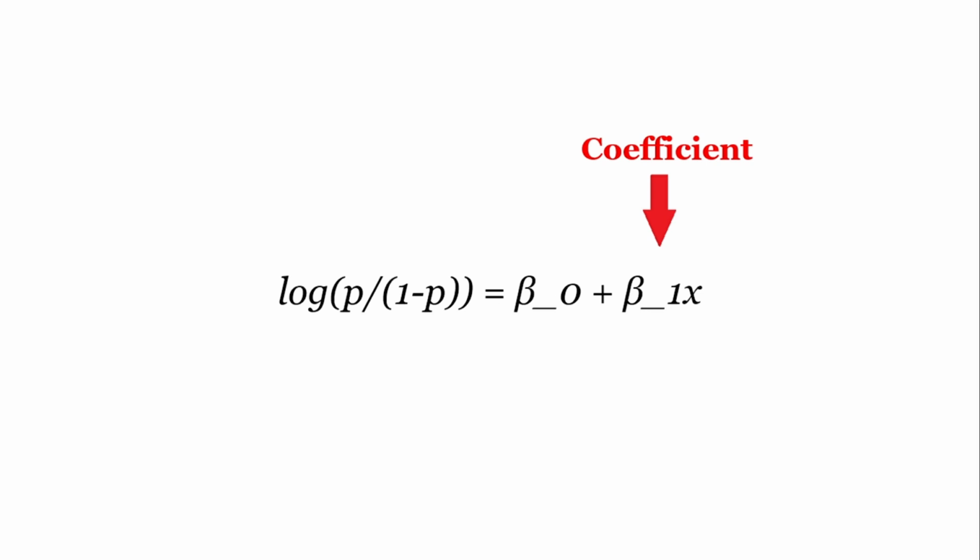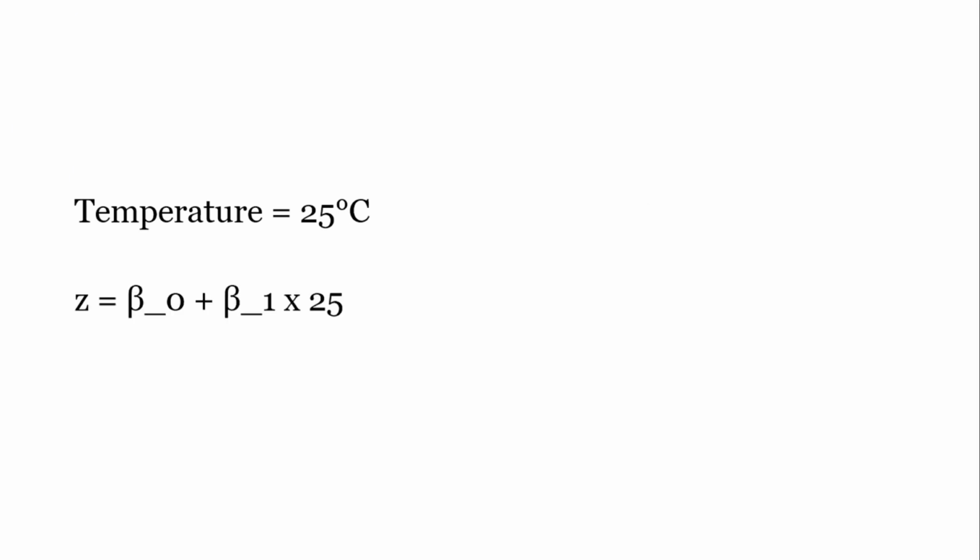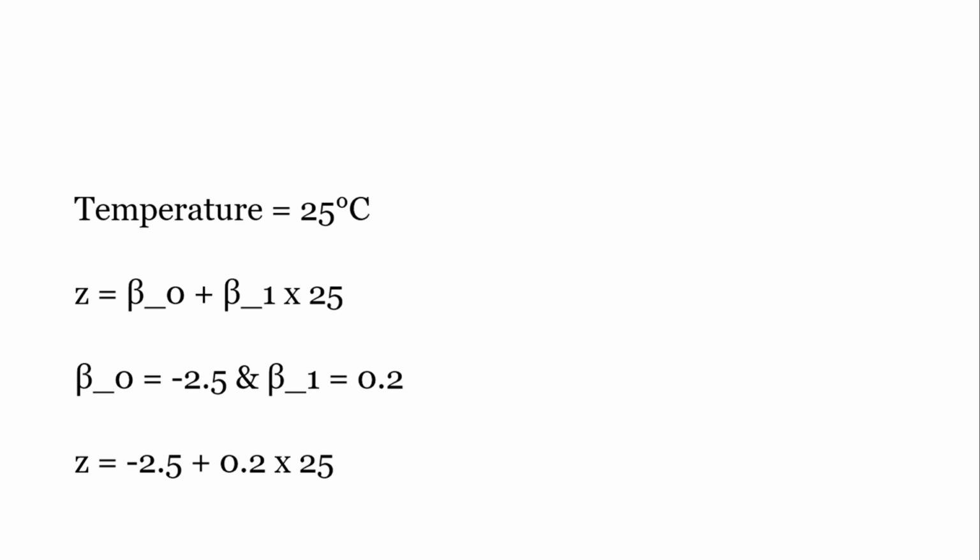Using this model, we can make predictions about the probability of a bird being present in an area with a given temperature. If the temperature equal to 25 degrees, so z equal to beta 0 plus beta 1 times 25. In the case of the model coefficient are beta 0 equal to negative 2.5 and beta 1 equal 0.2, then z is equal to minus 2.5 plus 0.2 times 25, which is equal to 2.5.